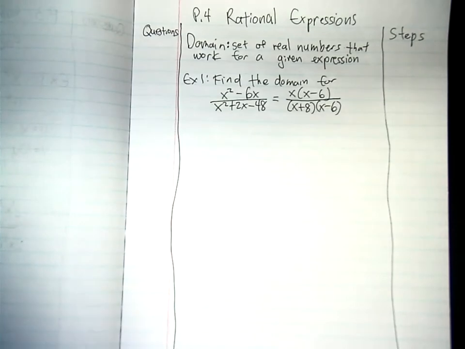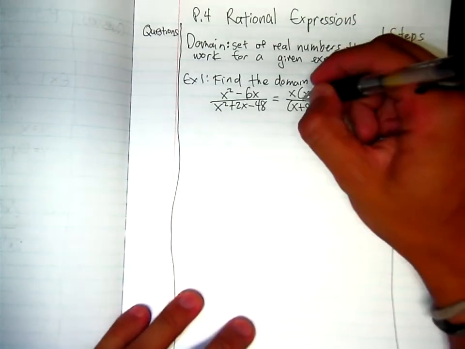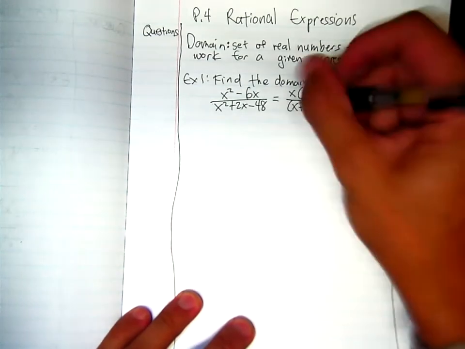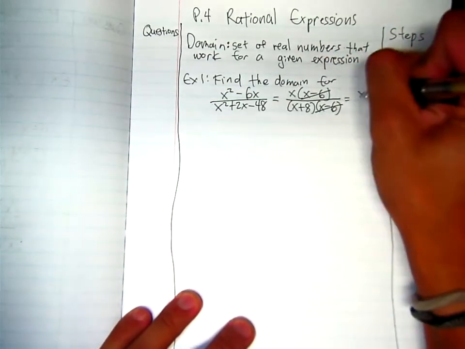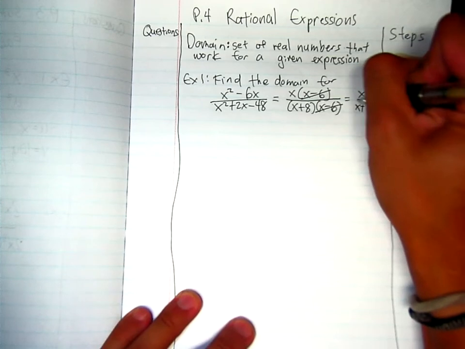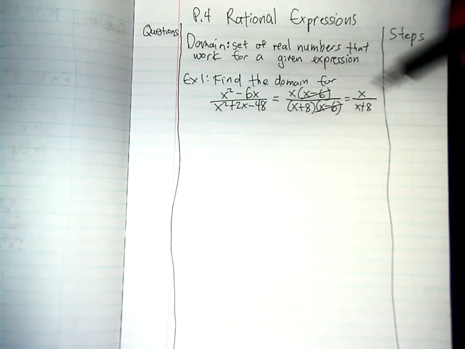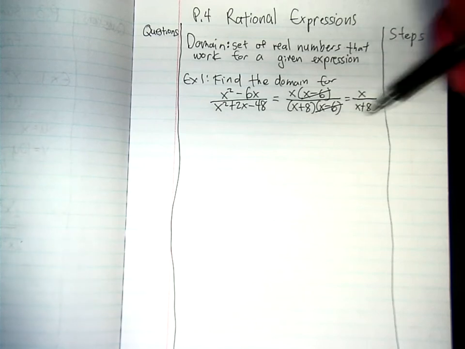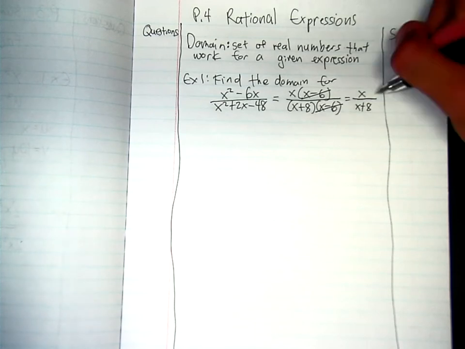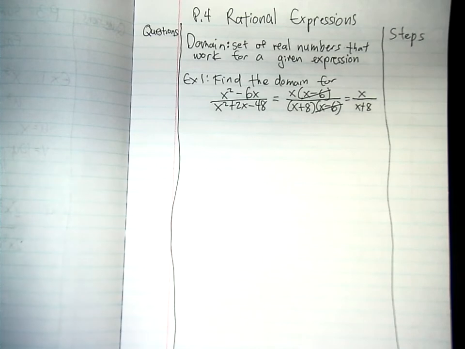Okay, so now if I look at the expression again, I can actually simplify. I can cross out the x minus 6, and all I will have is x over x plus 8. So when I look at this in terms of domain, I'm looking at which values of x this can be, and which values of x this cannot be. With a fraction, I can't divide by 0.